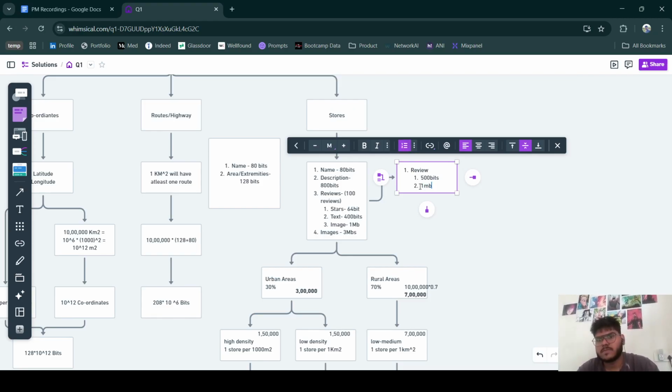Another, we're taking around 1000 bits and 3 MB. So 100 reviews per store as well. So 100 reviews would come around 100 times this.